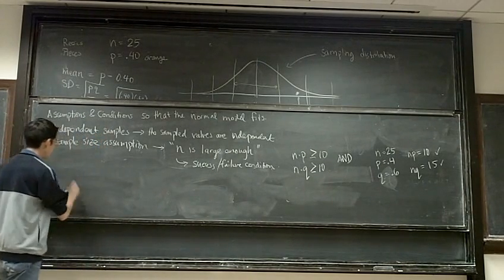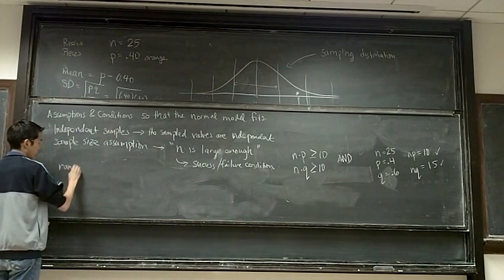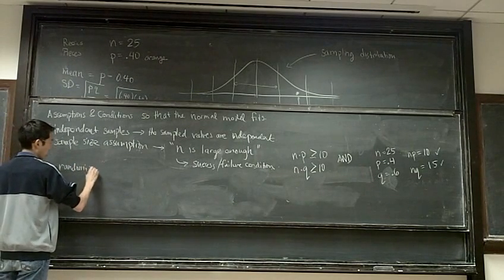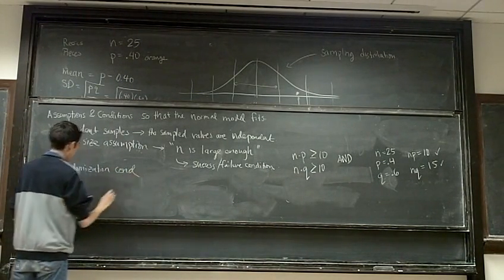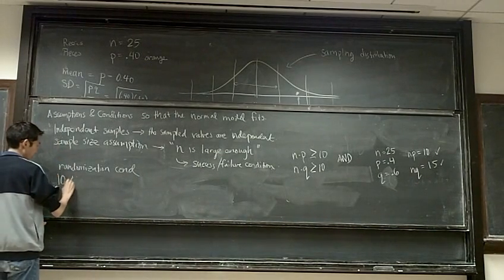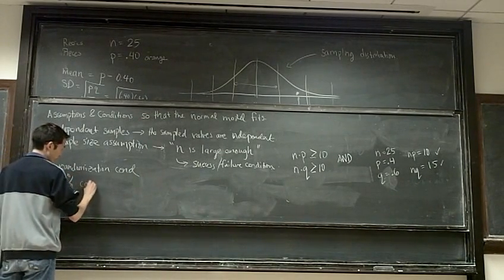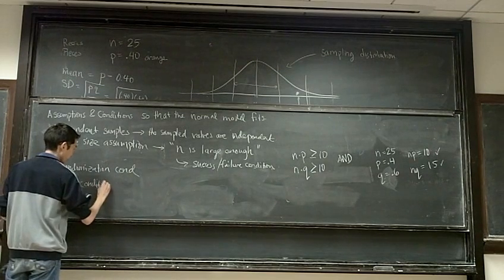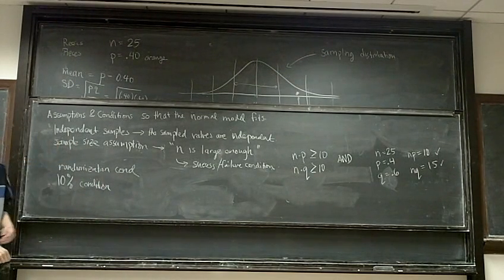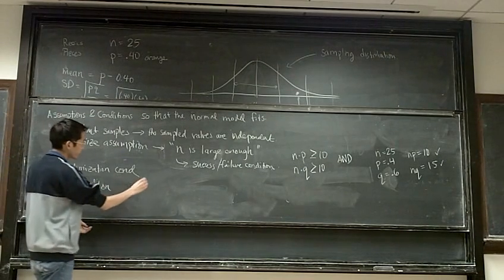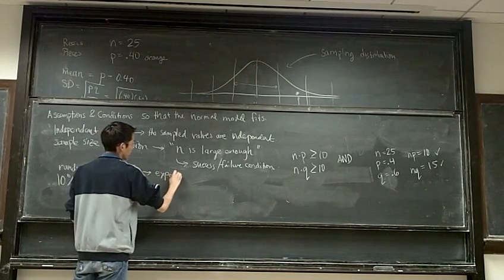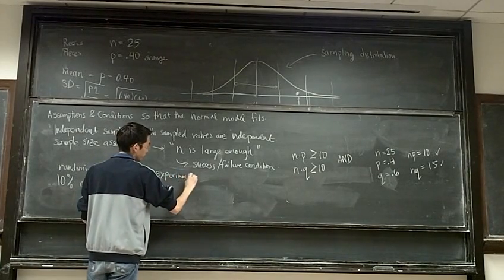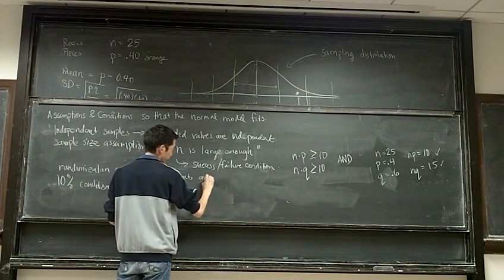And then we have the randomization condition and the 10% condition. The randomization condition is just for experiments, to make sure that the experiments are done properly.